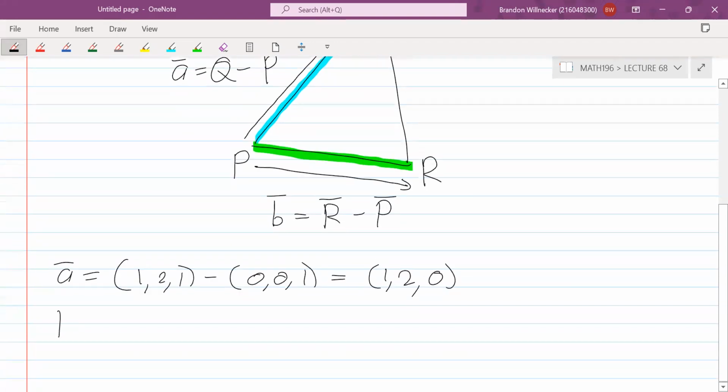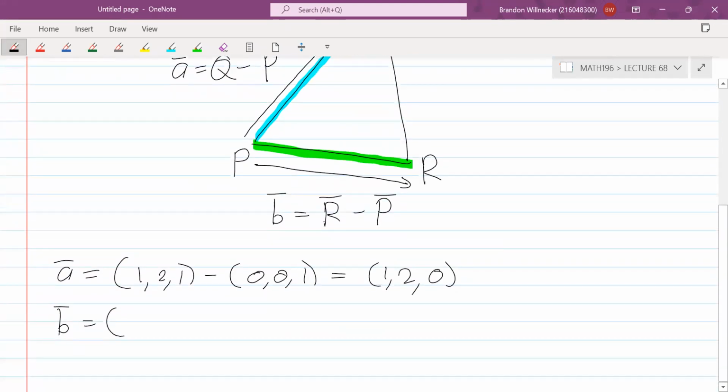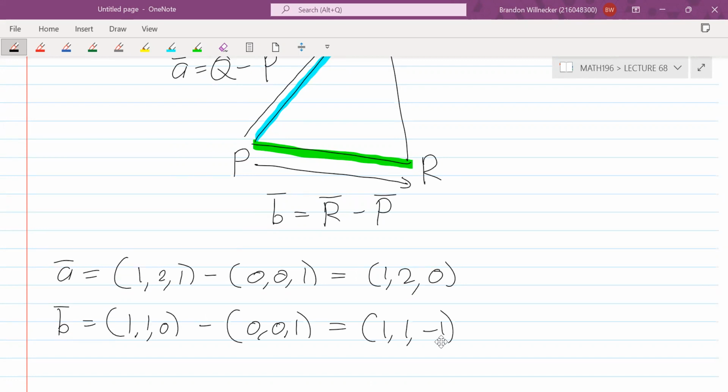And then B, that was R minus P. So R was given by 1, 1, 0. P was given by 0, 0, 1. So that's going to be 1, 1, and then 0 minus 1 will be minus 1. So 1, 1, minus 1. Okay, so these are the two sides of the triangle.